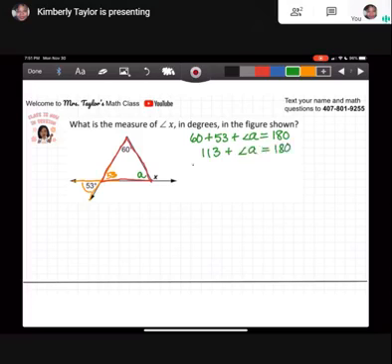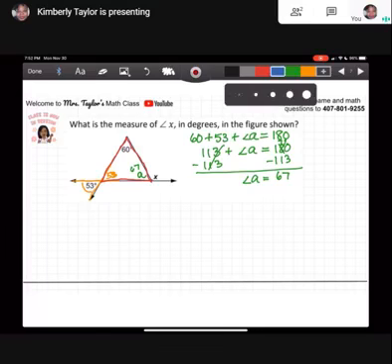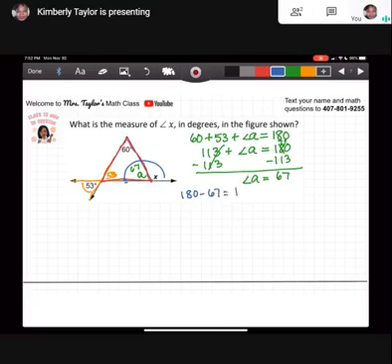And then you subtract 113 from both sides, and angle A is going to be 67. Okay? Then you know that this is a straight angle. So you would say 180 minus 67, and you should get 113.